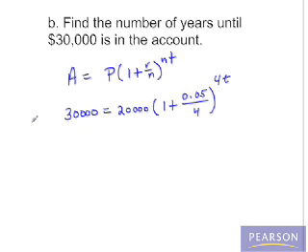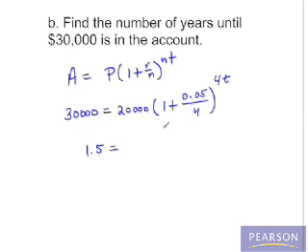So let's start by dividing both sides by 20,000 and also taking the 0.05 and dividing it by 4. 30,000 divided by 20,000 is 1.5. And on the right hand side we're going to have 1 plus 0.05 divided by 4.